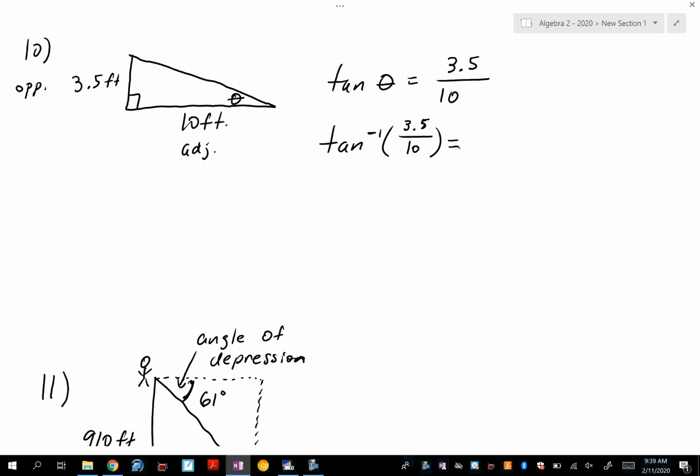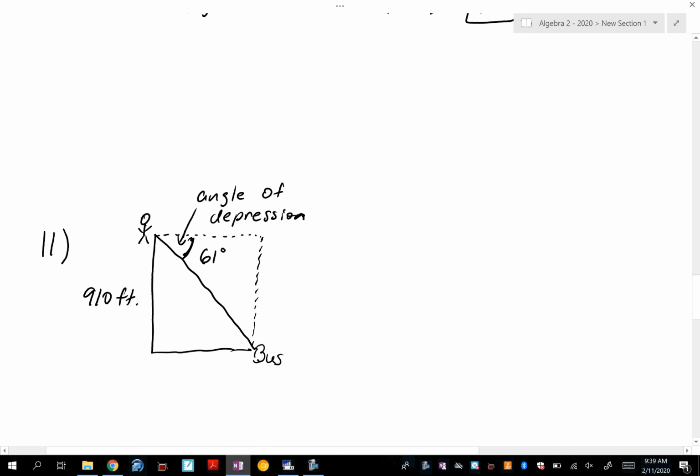All right, and you get 19, and it says to round to the nearest degree. So 19.29 will round you to 19 degrees. So that is our angle that the ramp makes with the ground, 19 degrees. Okay, let's go to number 11.